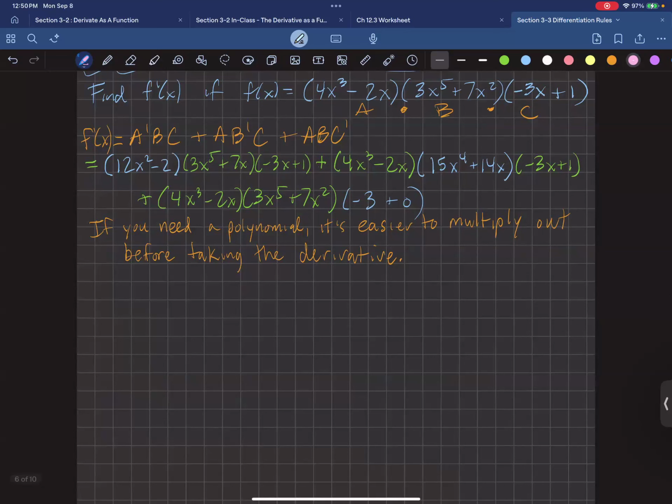Another challenge problem. Let's do a product and a quotient.